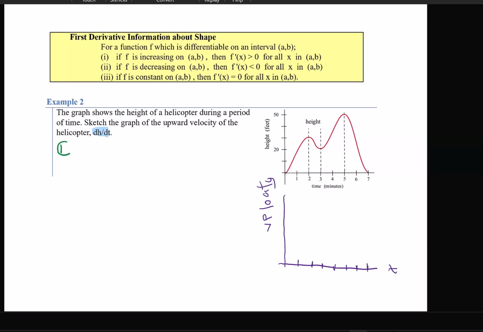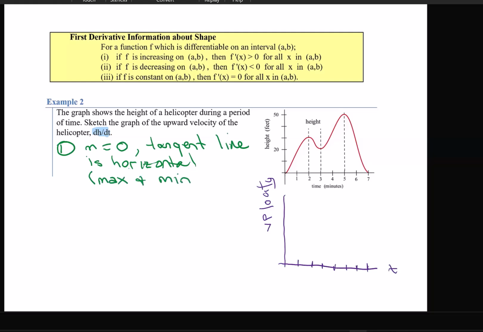Step 1 is to find the places where the slope equals 0. You can say where the tangent line is horizontal. That always occurs at maximum and minimum points, local maxes and mins. Here's a local maximum. Here's a local minimum. Here's a local maximum.